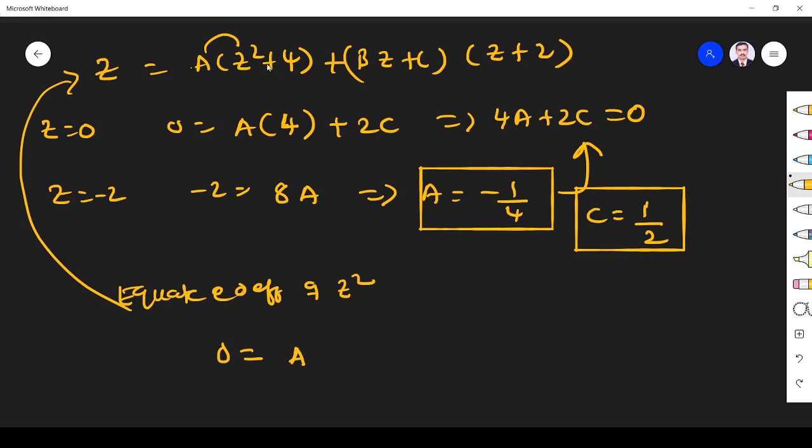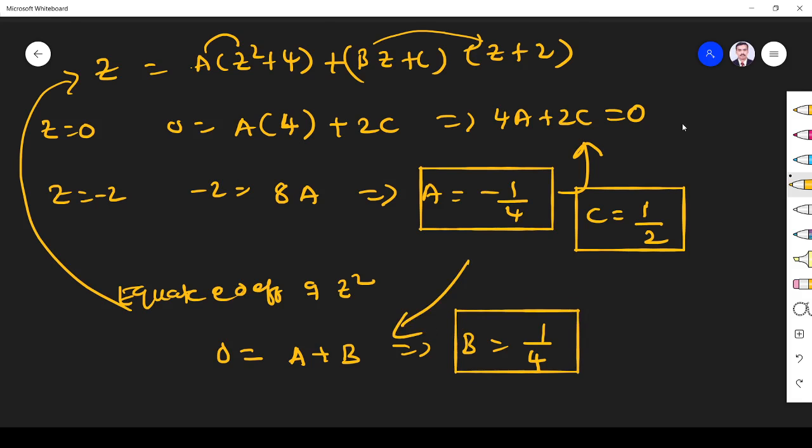Is there any coefficient here for z square? No. Here b z into z, b z square, so the coefficient is b. Is there any other coefficient? So 2bz, cz, c2 only. So there is no other coefficient. So a plus b. A is minus 1 by 4. This implies b is equal to 1 by 4.